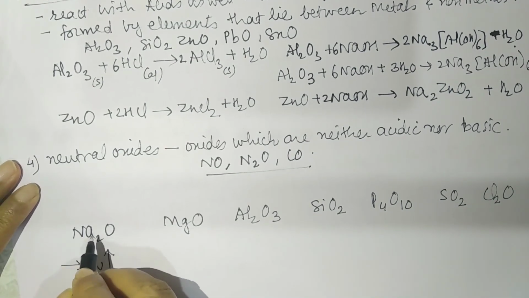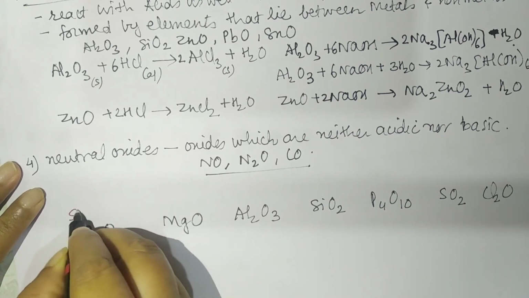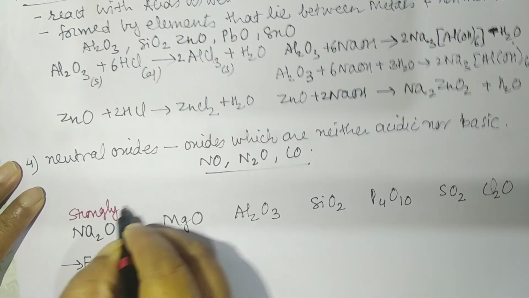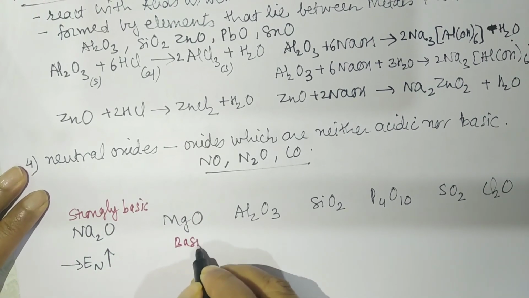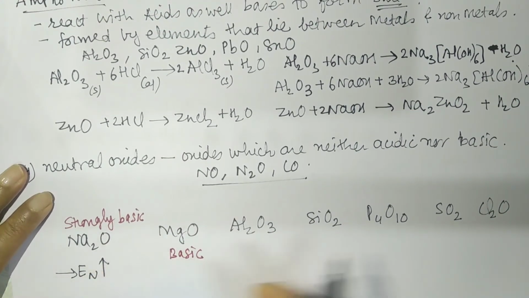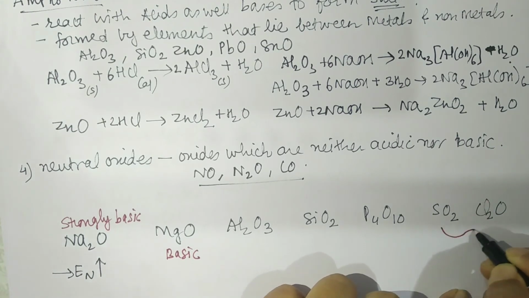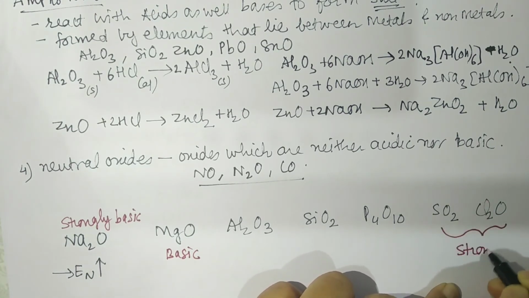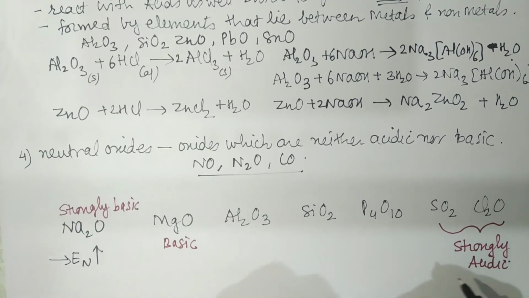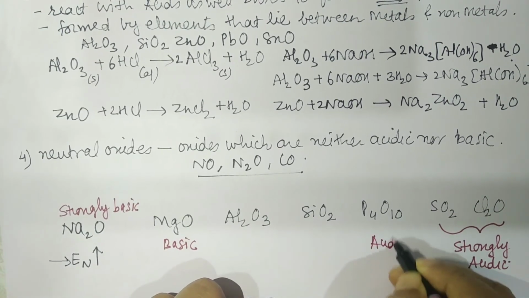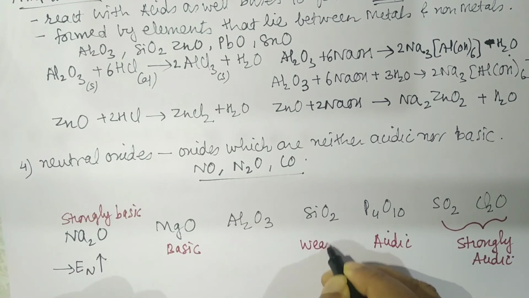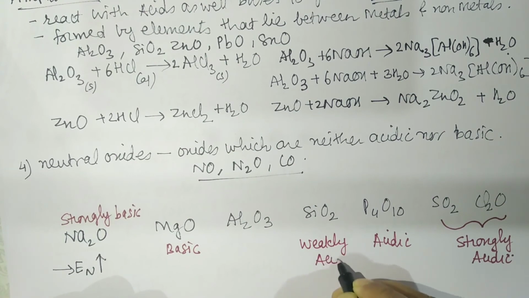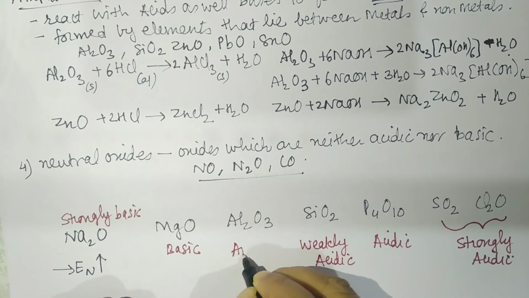This will be strongly basic, I can call this basic, right? Here they are strongly acidic, I can call this acidic and this weakly acidic and this amphoteric.